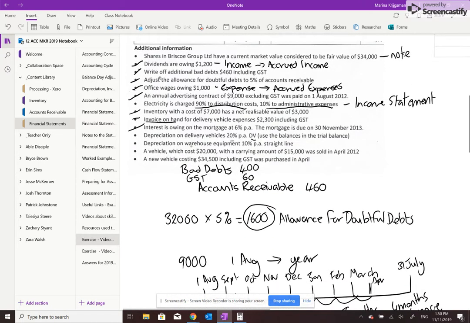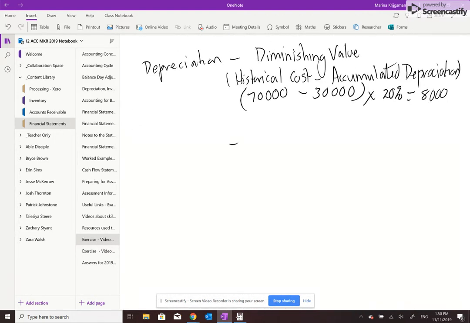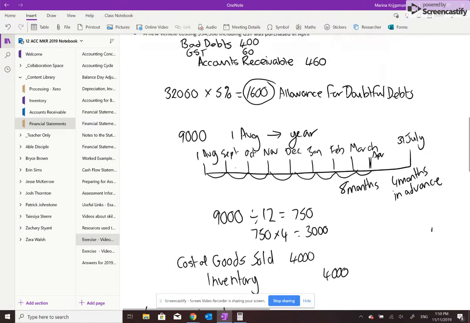Right. Our depreciation on our warehouse equipment is just a 10% straight line. So our straight line is just our historical cost times our percentage. You might get a residual value that you would take off, or you might get a useful life. So make sure you're aware of the other ways of calculating this.